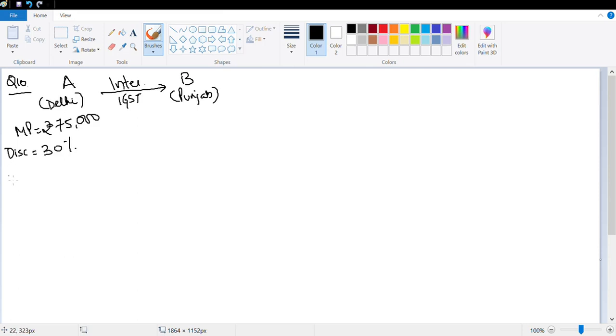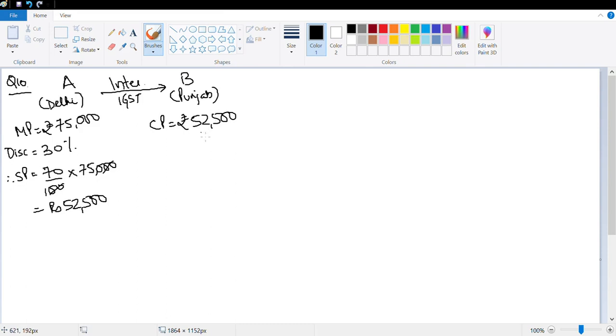What would have been the selling price? Selling price would have been 70% of the marked price. So 70 by 100 into 75,000, which is 52,500. So the CP for B would have been rupees 52,500.